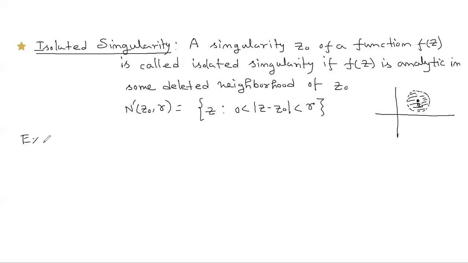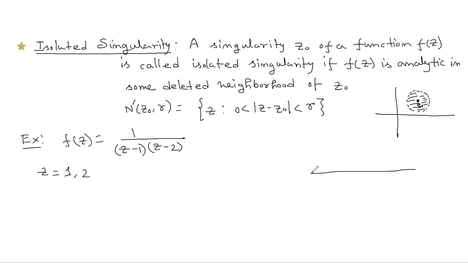For example, if we take f(z) equal to 1 by (z minus 1)(z minus 2). So here the singularities are z equal to 1 and 2. Now whether they are isolated singularities, so 1 and 2 are the singularities of the function. Now with respect to the point 1, we can form a disk of radius 0.5 where the function is everywhere analytic except the point 1.